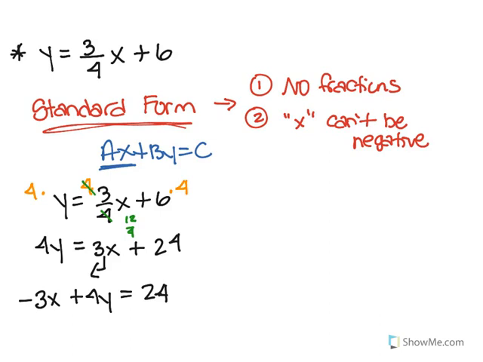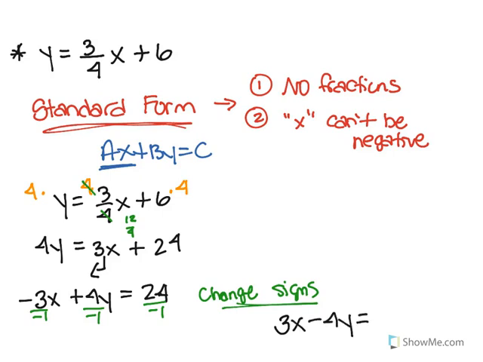Okay? At this point, you don't have to show me that you're dividing by -1. You're going to change everyone's sign. Change the signs. So that's going to give us positive 3x, a negative 4y, and what type of 24? Negative.